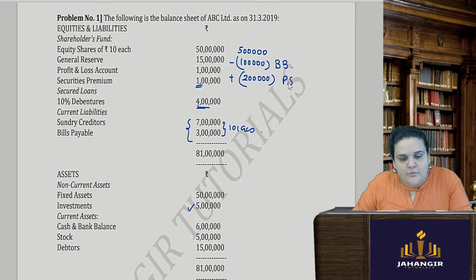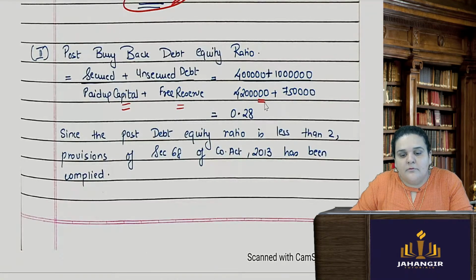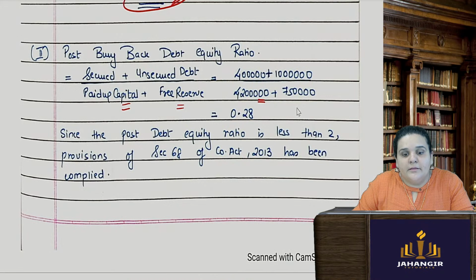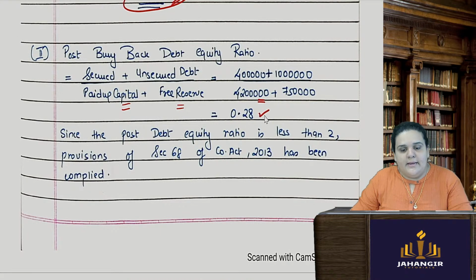So totally 42 lakhs. And in the reserves now I am left with half of the general reserve, 7,50,000. So 42 lakhs plus 7,50,000, ratio 0.8.